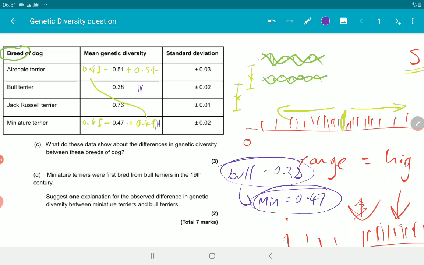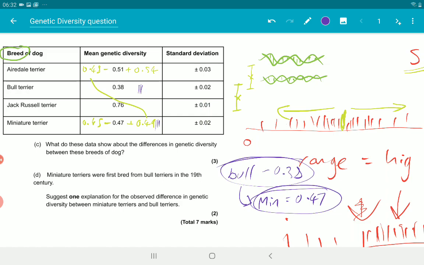Now, the same length of time has passed for both of them since they started breeding some of them into miniature terriers. So you can't go saying, oh, there's more mutation in the miniature terriers. The mutation rate is kind of a fixed thing. It happens at a particular rate over time. So it's not that. There are other ways to get the genetic diversity down or up, and that would be to do with the losses.